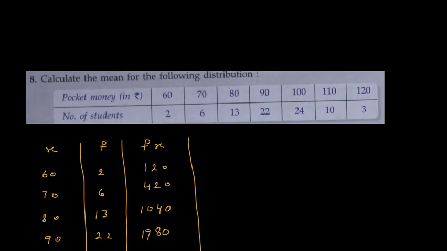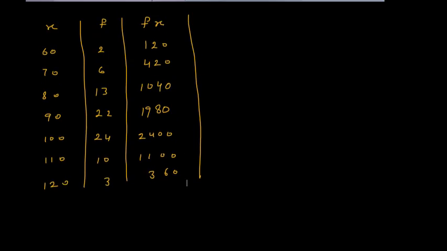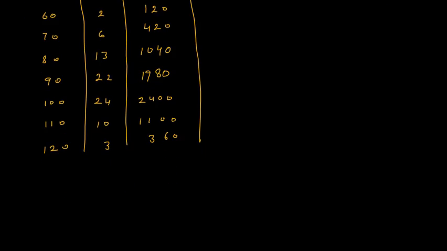Now the question was calculate the mean of the following distribution. So they have not given what is the sum of f and what is the sum of fx. So I will draw one line here. It is the sum of frequency. So 6 plus 2 is 8, 8 plus 3 is 11, 11 plus 2 is 13, 13 plus 7 is 20.